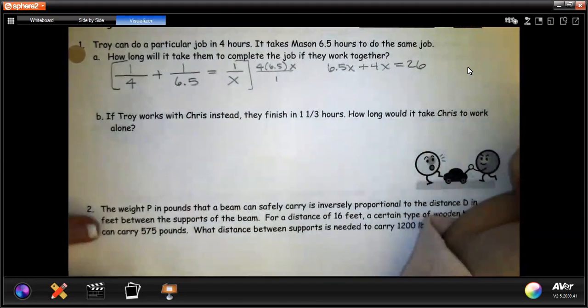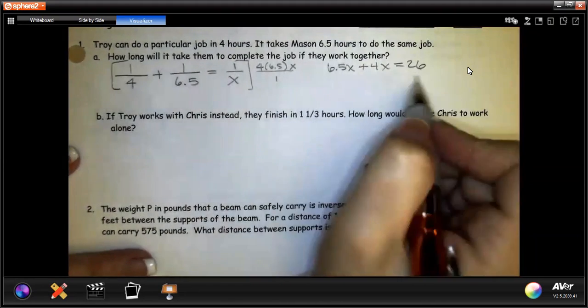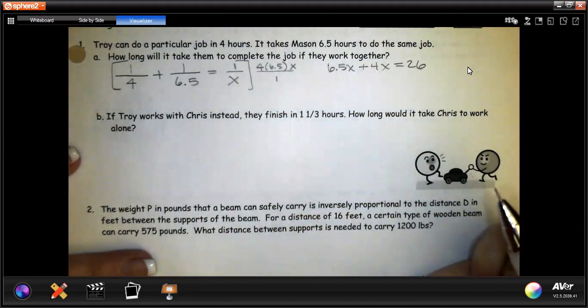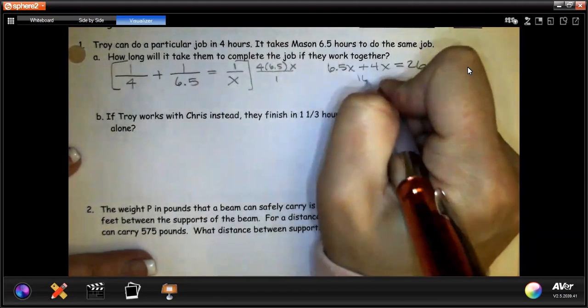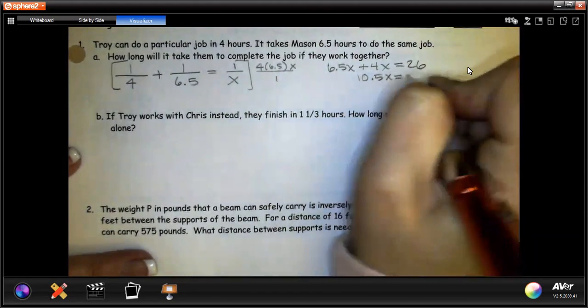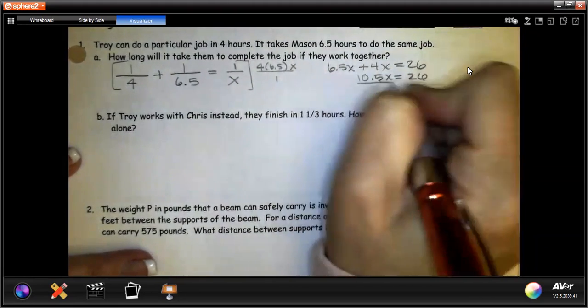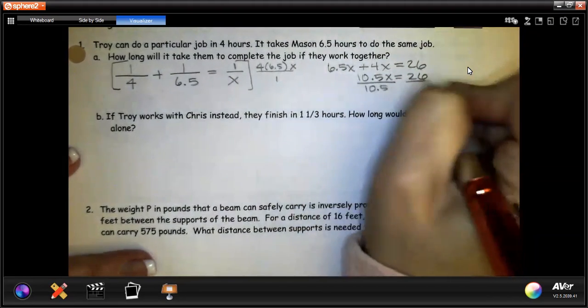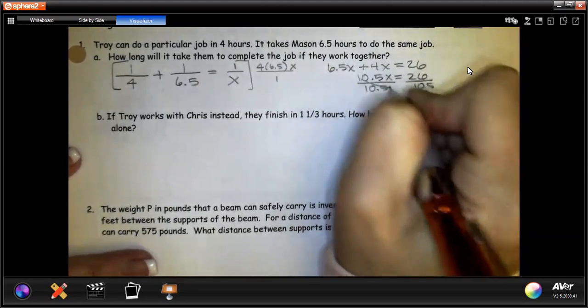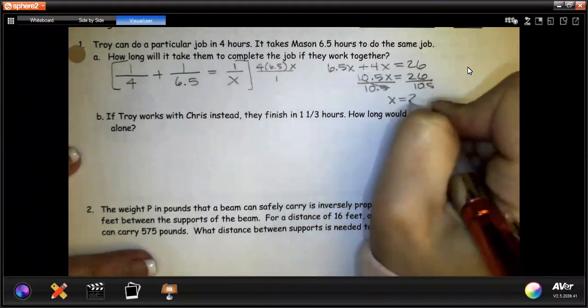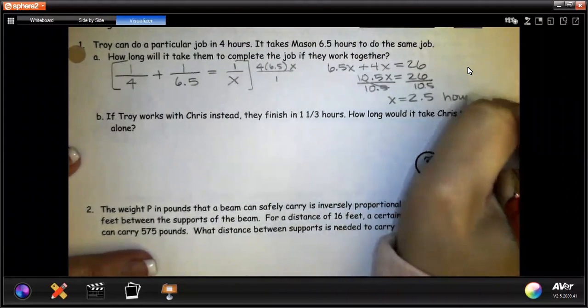So now we've gotten rid of the fraction portion and just made a regular equation that we're used to solving. So we combine our like terms here and we get 10.5x is equal to 26. And then we divide by 10.5. And so x is 2.5 hours.